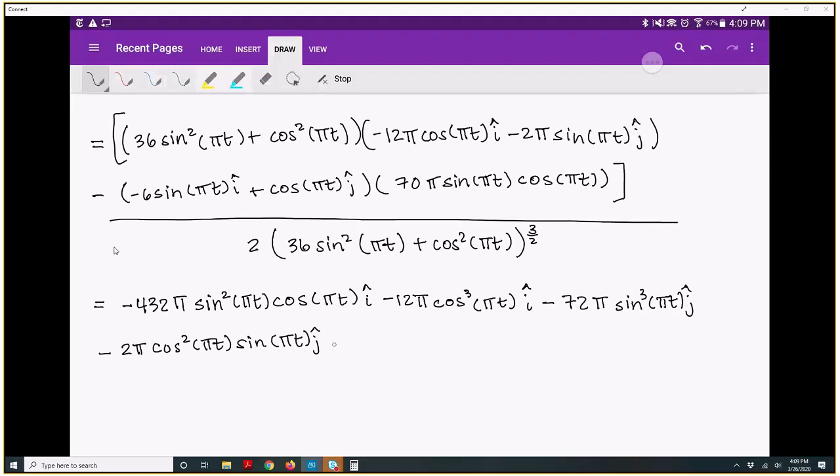And then minus, let's see, here I get minus 430 pi sine cubed of pi t, I'm sorry, that's sine squared, we can just get rid of that, sine squared of pi t times cosine of pi t i cap.